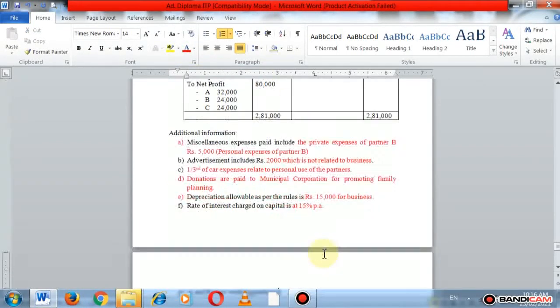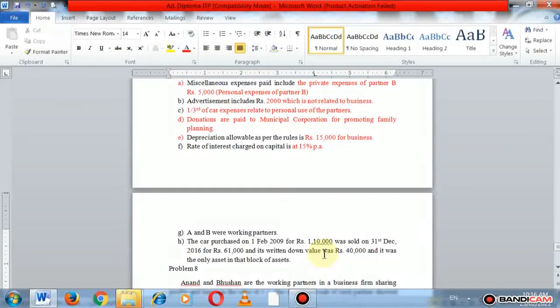Then the next adjustment: A and B are working partners in the firm. So the allowable deduction of remuneration is given only for A and B partners.